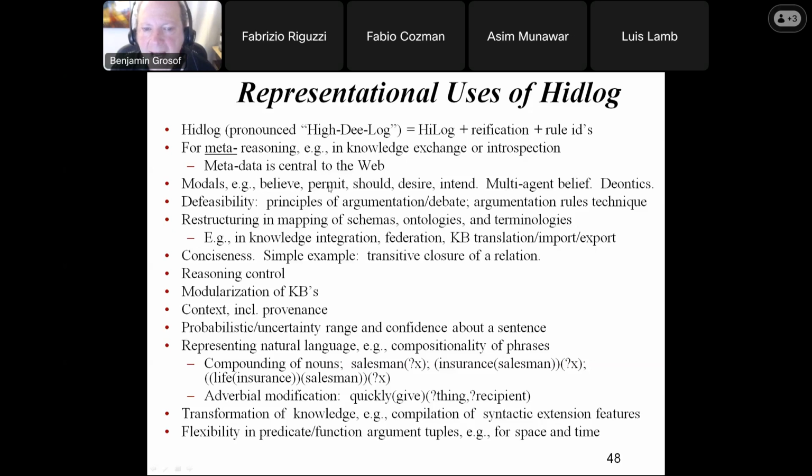Having multi-agents where one agent's belief is, say, nested within another agent believing whether that first agent believes something, and so on to various levels of depth, or deontics around what is permitted or should happen, and other similar notions such as desire or intend, which are important for preferences, social settings and behavior and applications, and planning and many other purposes, including in robotics.